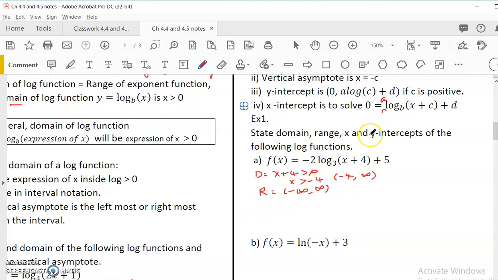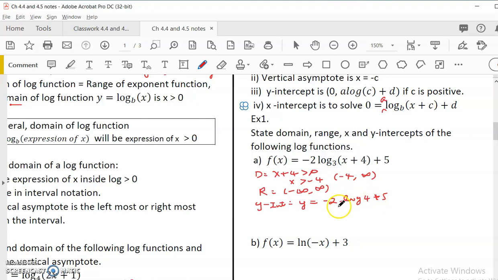Now, what about x-intercept? X-intercept is a little harder. Let's do y-intercept first. Y-intercept is when x is 0, right? So you would say y equals -2 log base 3, plug in x equal to 0 here, of 4, plus 5. So that is it. This would just equal to this number.